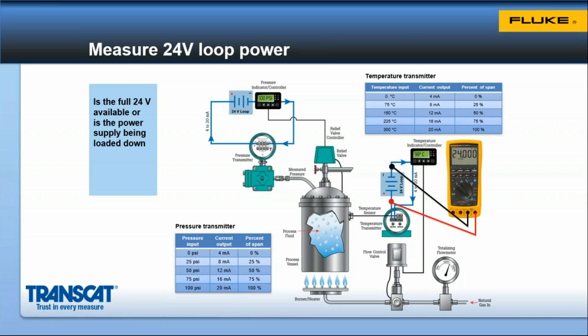In the event that you're looking at that voltage on that power supply and you see that it's moving or changing, you may want to disconnect that power supply and use the internal 24-volt loop power supply from your troubleshooting tool to do a substitution test.